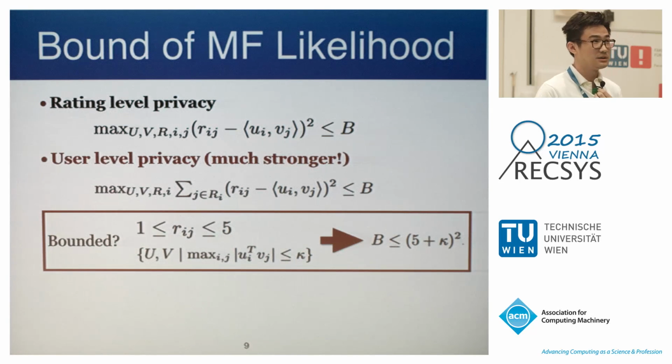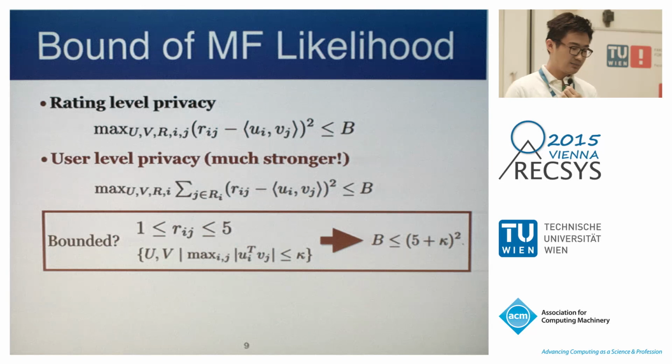But the bound is obviously larger than rating level privacy. You need to bound the sum of the loss of one user's all the ratings. So next, is it bounded? Of course it's bounded.